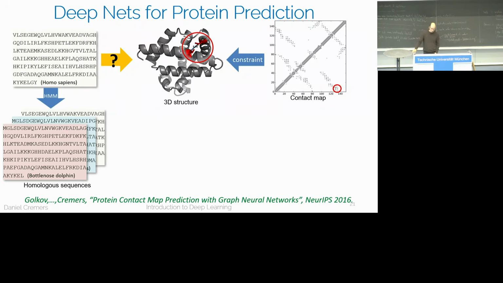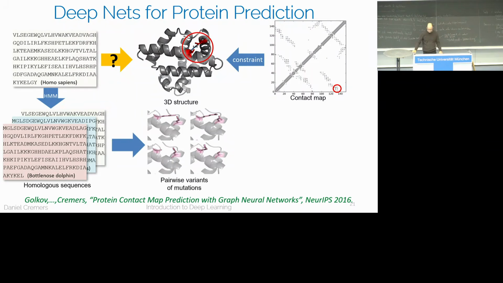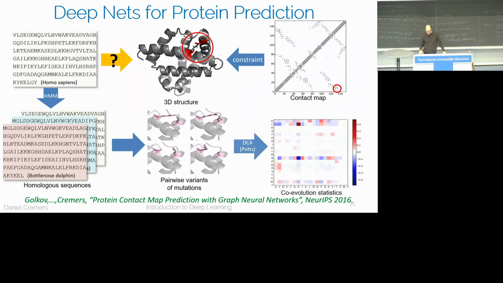We tapped into a data set of what's called homologous sequences to identify sequences by correlating with our input sequence, which ones are similar. And then we can compute so-called pairwise variance of mutations. And we can compute what's called the co-evolution statistics, which amino acids evolve jointly with which other ones, looking at these homologous sequences.